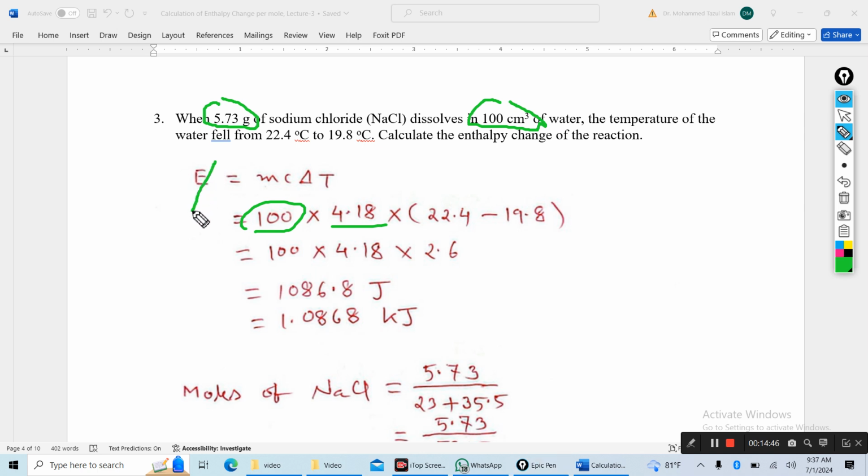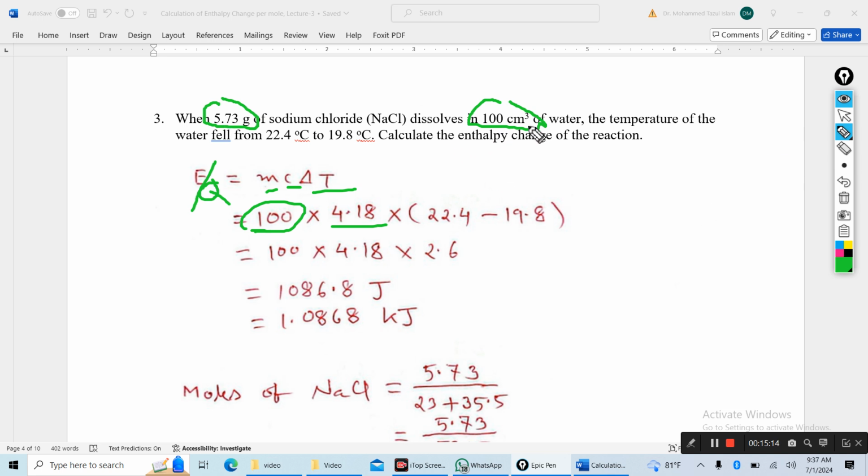Energy transferred E or Q equals mc del T. M means, you think always, mass of solution, that means liquid, not solid. So if you add 100 plus 5.73 gram, the answer will be wrong. M is the mass of solution, that means how much volume of solution is present.